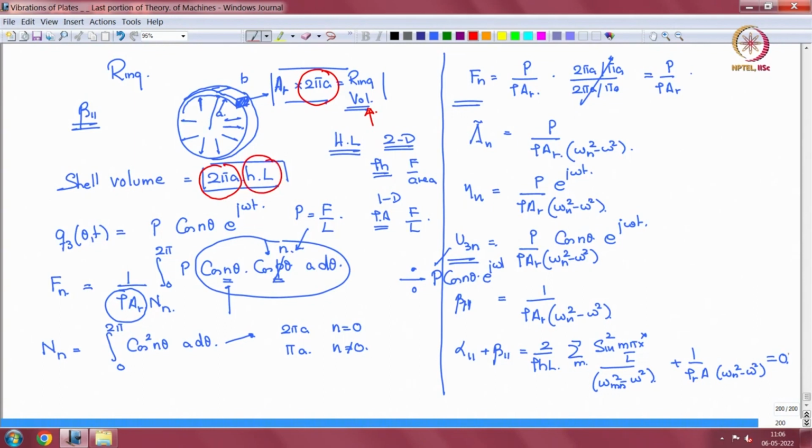Because there is a 0 here, I will divide by twice pi A and twice pi A. So, this is the mass of the ring and this is the mass of the shell.